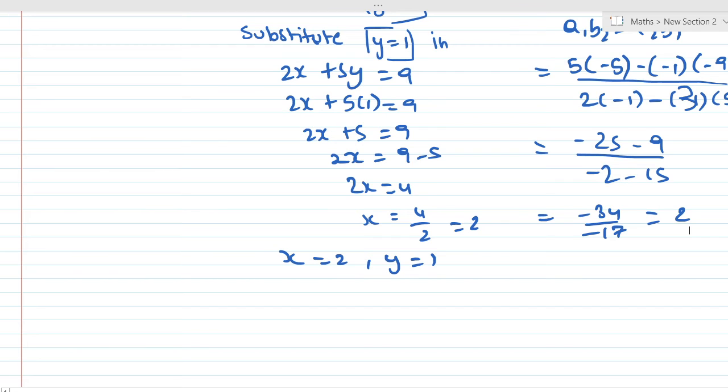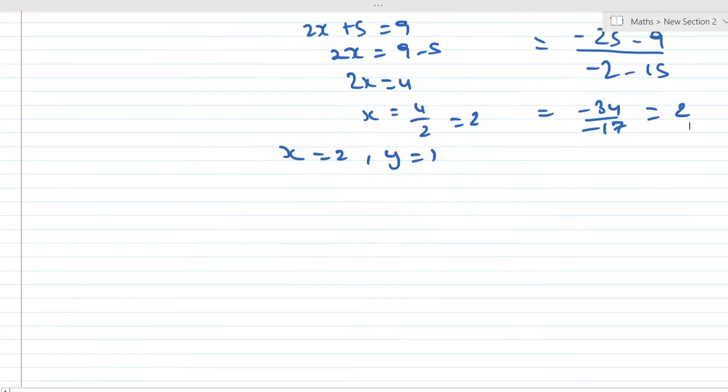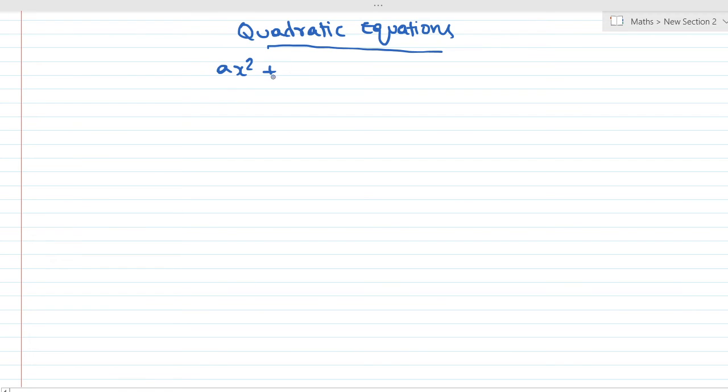Next we will move to quadratic equations. The quadratic equation general form is ax square plus bx plus c equals 0. The highest power of x is 2 here, hence it is an equation of the second degree.